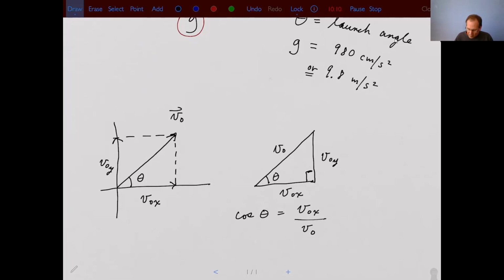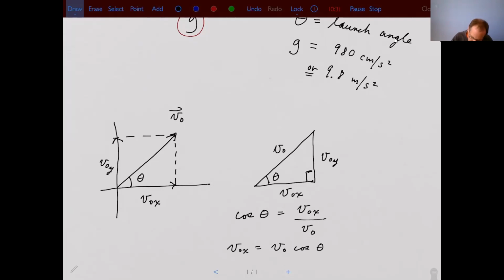And then if I multiply both sides by v naught, I'm going to get that v naught x is equal to v naught times cosine of theta. And then if you make a similar argument for v naught y, since it's opposite of the angle theta, and we also know the hypotenuse, which is v naught, then I could use the sine function.